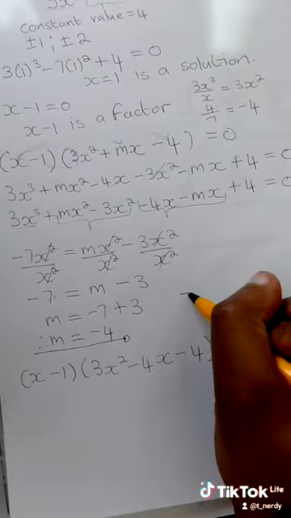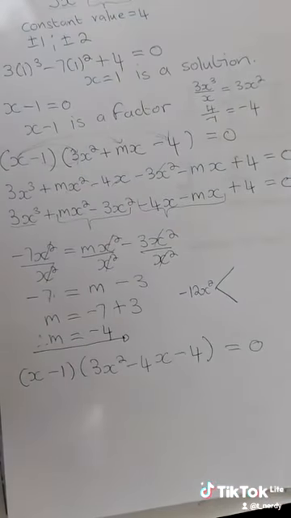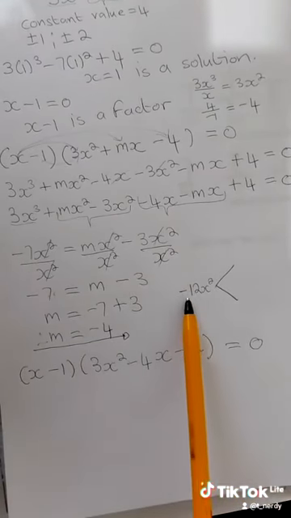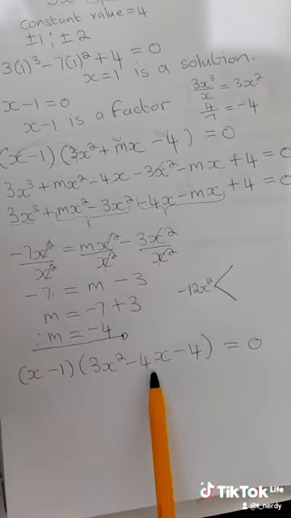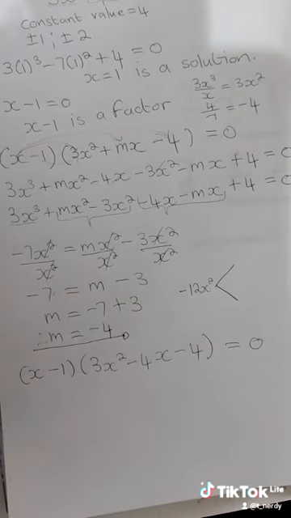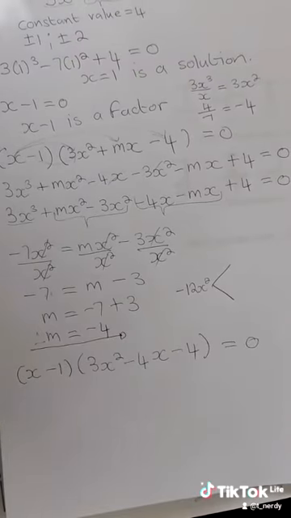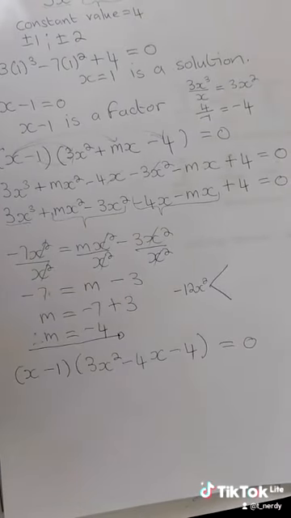So I'm going to write here negative 12x squared. So that's what you get. So I want values that when I multiply, they will give me negative 12x squared, but when I add them, they will give me negative 4. So what are those values that if I multiply them, I get negative 12, but when I add them, I simply get negative 4?